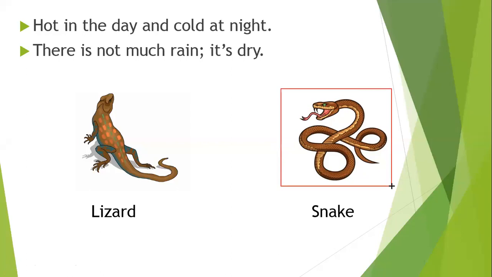Let's see, a snake can't eat bananas. No. A snake can't fly. No, that's impossible. A lizard, let's see here, what can't a lizard do? What is impossible for a lizard to do?